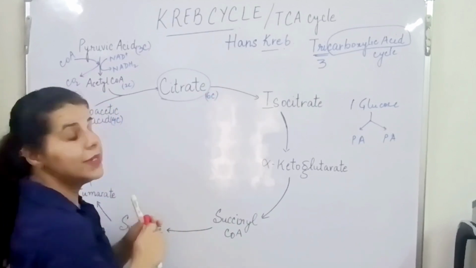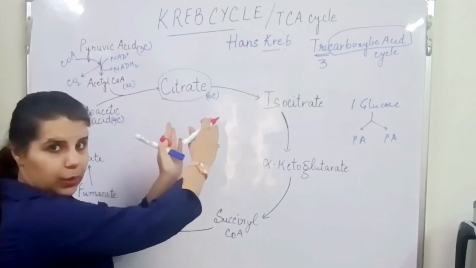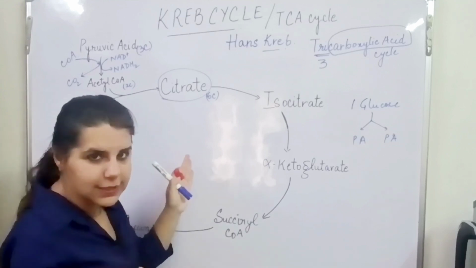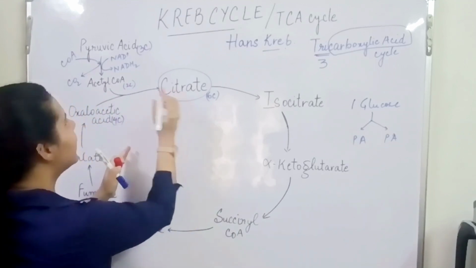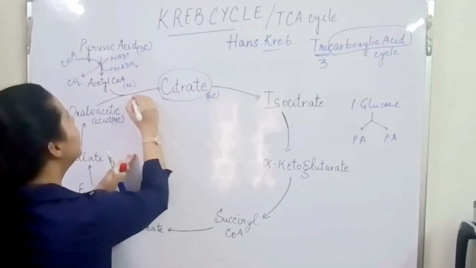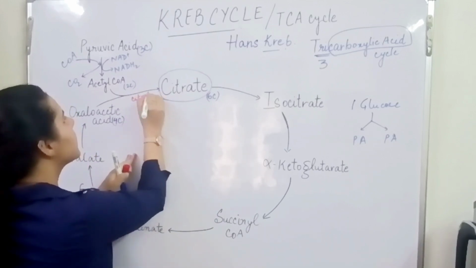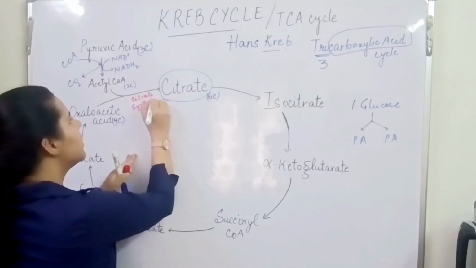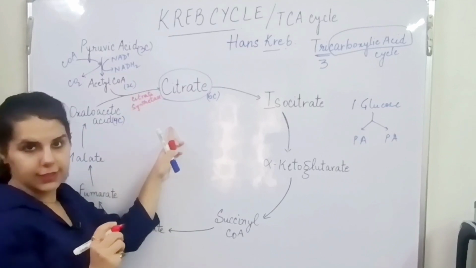Now what is going to happen here? Citrate or citric acid is being synthesized. Because it's a synthesis reaction, the enzyme that will work over here is citrate synthetase. From synthesis, the name of the enzyme will be citrate synthetase.